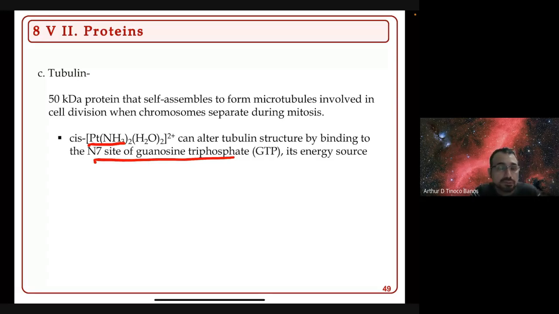This particular molecule is the energy source of this protein. By metallating that nucleotide, it is altered to the point that perhaps it's not recognized by the protein.